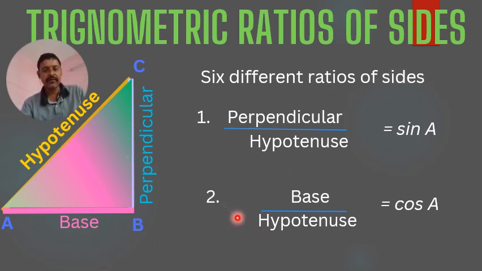And the second ratio is base upon hypotenuse, means adjacent side divided by hypotenuse, and we call it cos A. This second ratio is known as cosine A. In shortcut, we write it as cos A.